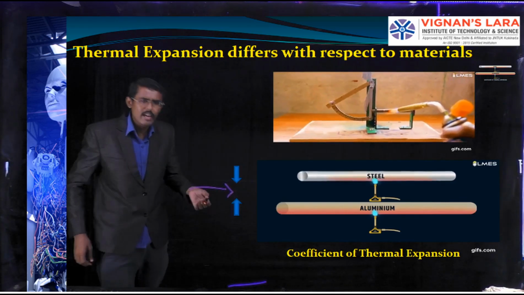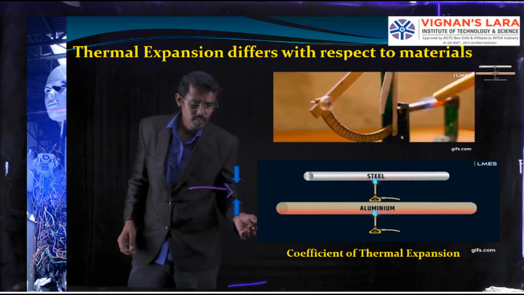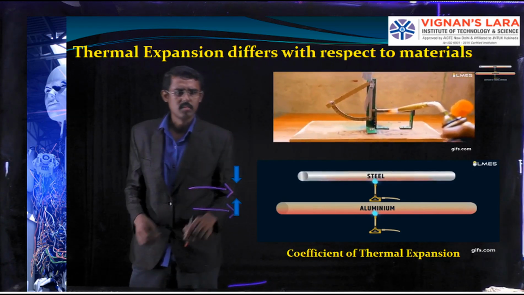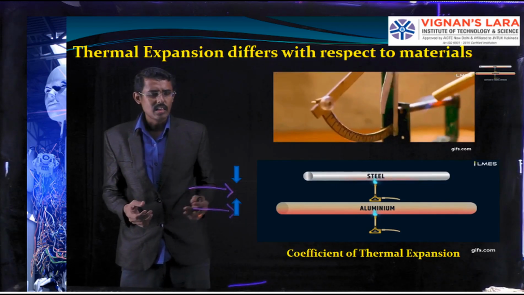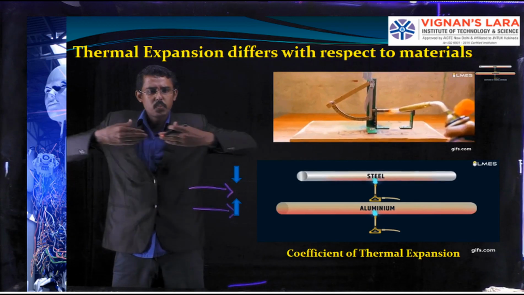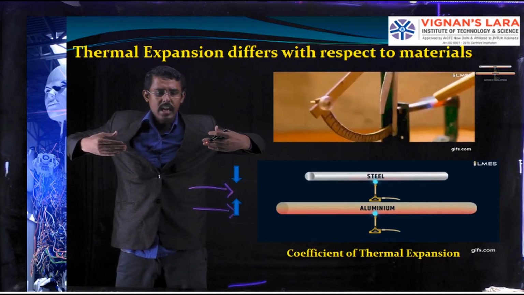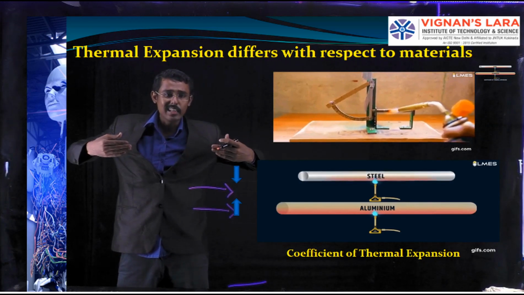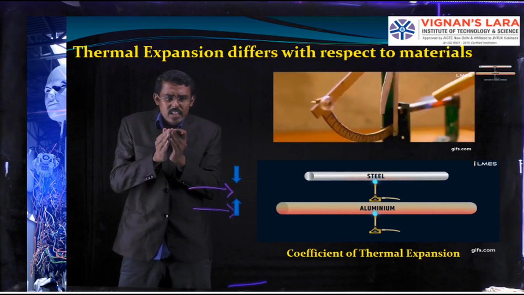The other I have taken is aluminum, which has a high thermal coefficient of expansion. So the material with a high coefficient expands a lot, and the material with a low coefficient, like steel, expands very minimally.